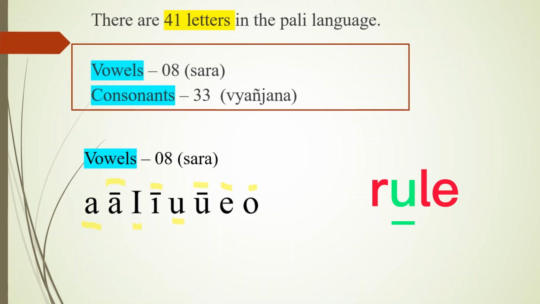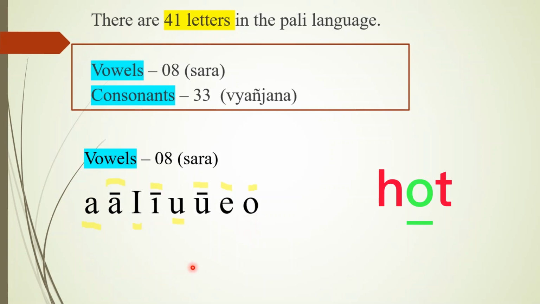E is pronounced like ten, ten. E sound, ten. O is pronounced like hot, hot. O sound, hot.